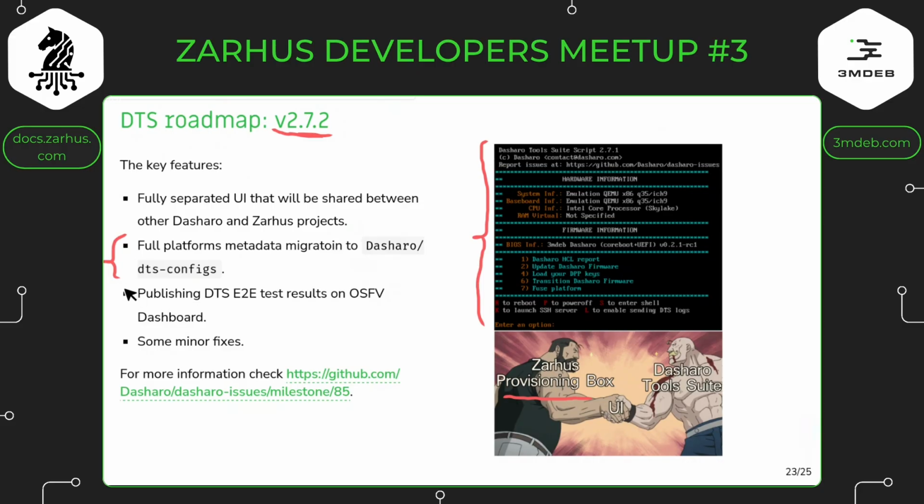The third key feature will be sharing the results of the tests that are based on the new end-to-end methodology in the OSFV dashboard. This is a technology used by the Dasharo team to share the results of Dasharo firmware testing. And there are, of course, some minor bug fixes, etc. For more information, check the linked milestone on GitHub.